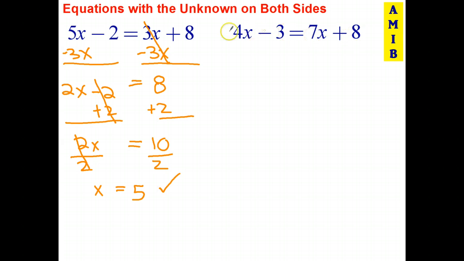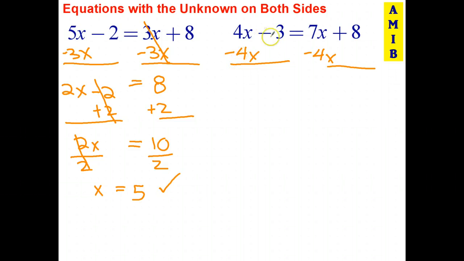Okay, looking at the second example, I've got a 4x on that side, I've got a 7x on that side. So I could subtract 7x from both sides, but 4x take 7x is negative 3x. Still correct, but a little bit harder to solve. So what I'm going to do instead is take 4x from both sides.